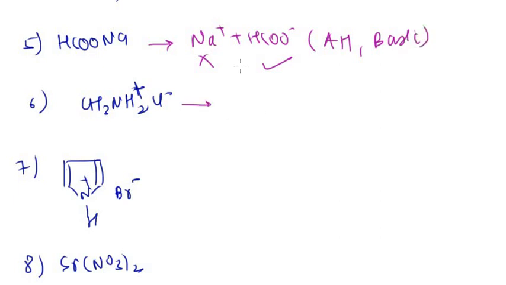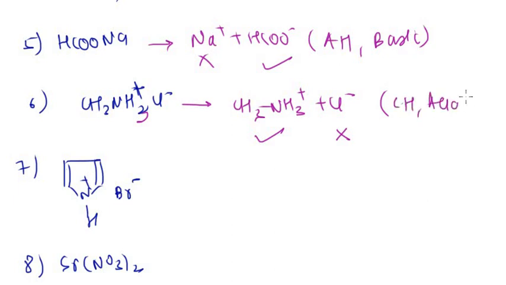This salt is from CH3NH2 plus HCl, giving CH3NH3 plus and Cl negative. It comes from a weak base and a strong acid. Cl negative won't undergo hydrolysis, but the cation will, so it is cationic hydrolysis and the solution will be acidic.